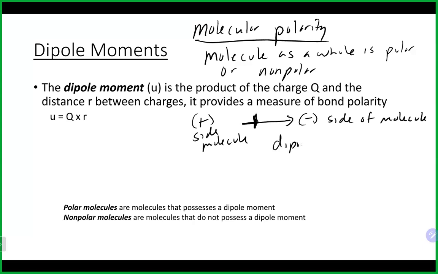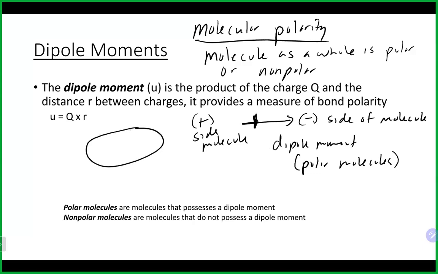And only, as I mentioned a second ago, polar molecules have dipole moments. So polar molecules, in a sense, have a positive side and a negative side to their molecule. And that's really important for how molecules can interact with other molecules.